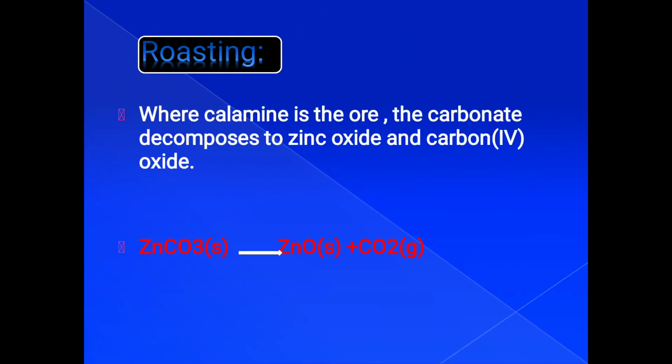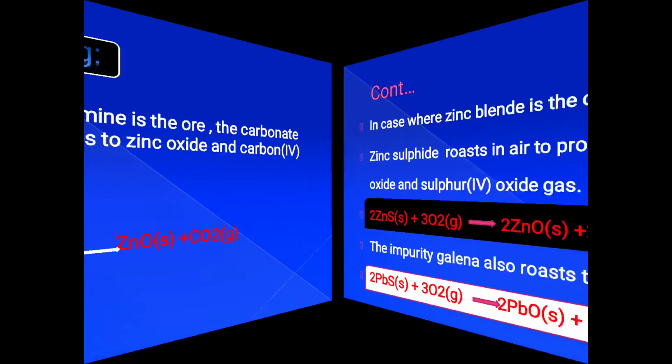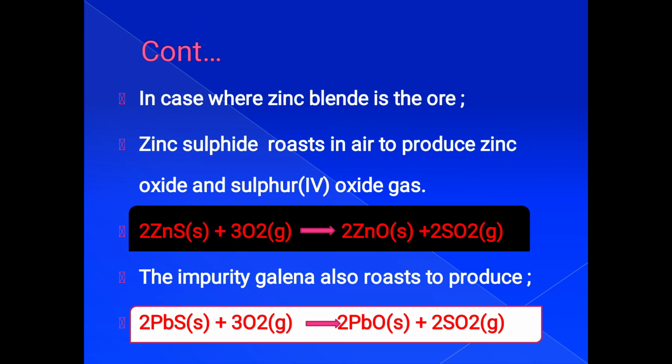And from this, we now take our calamine. Remember that calamine, we said, is zinc carbonate. It is decomposed through heating to give zinc oxide and carbon 4 oxide. And in case we are using zinc blende, which is zinc sulfide, you need not forget the formula of these ores. We decompose it on heating as well to give zinc oxide and sulfur 4 oxide.